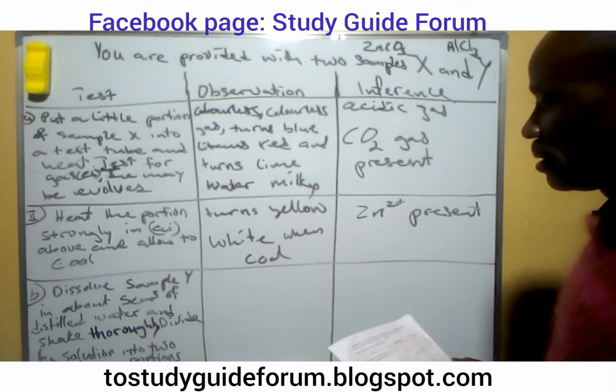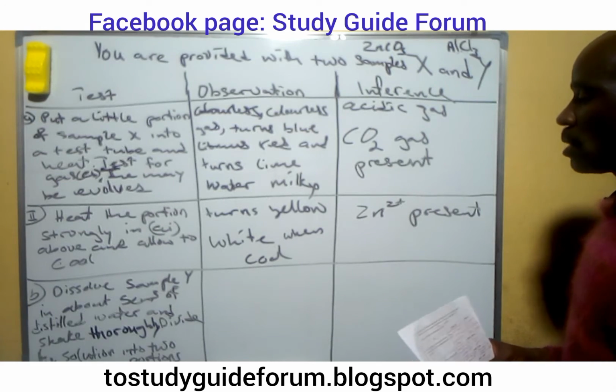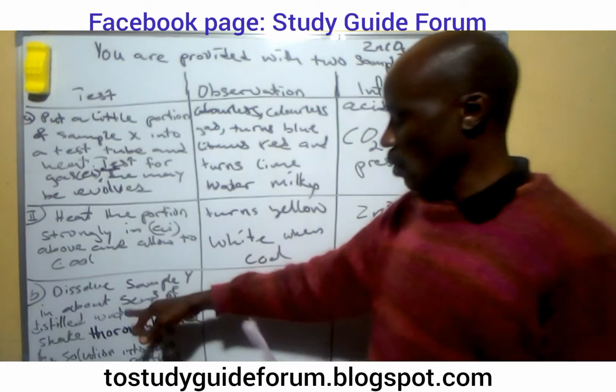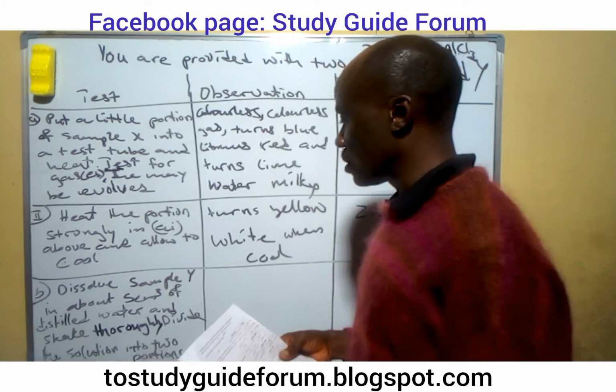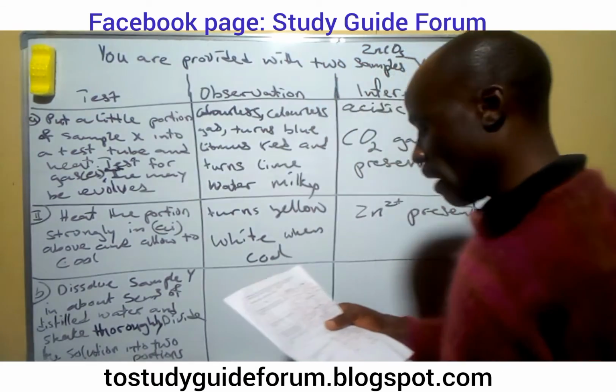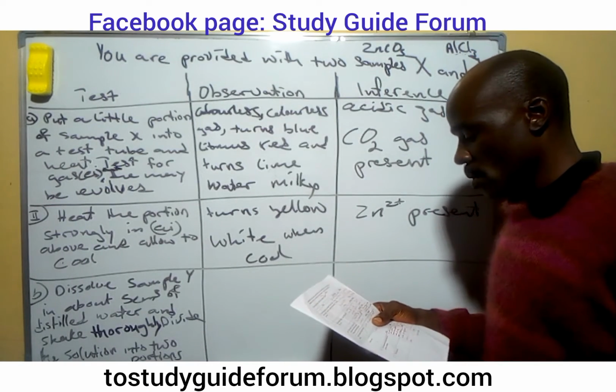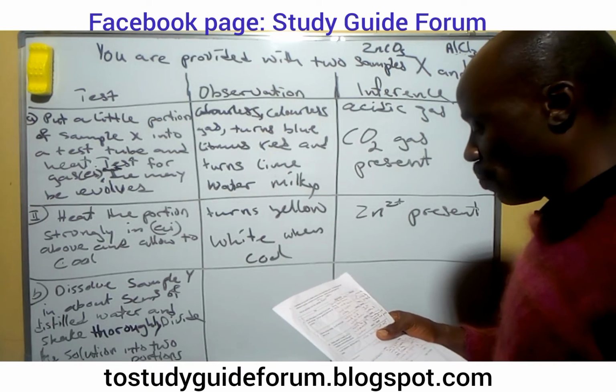So the next one, we have the Y. The Y now says to dissolve Y in distilled water and shake thoroughly, then divide the solution into two portions.